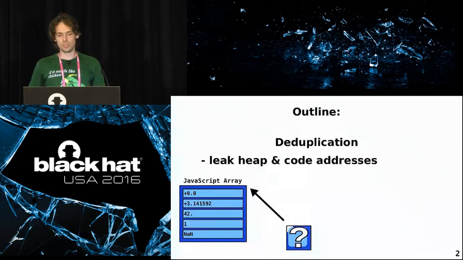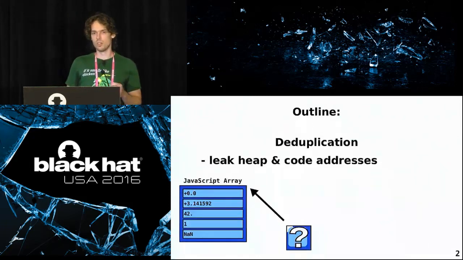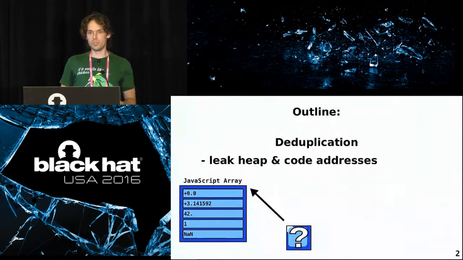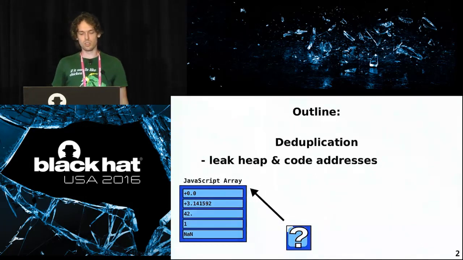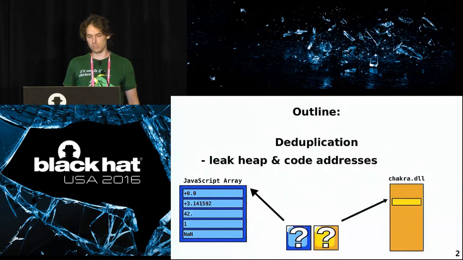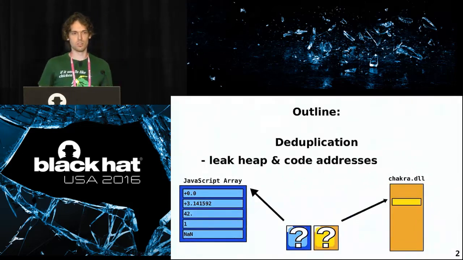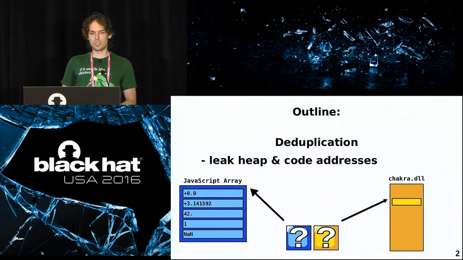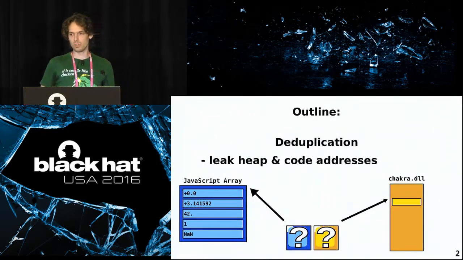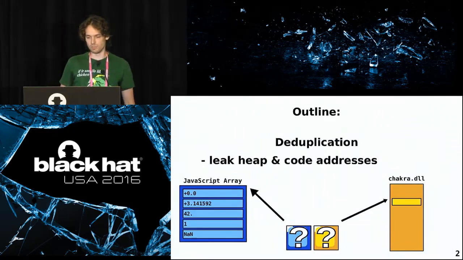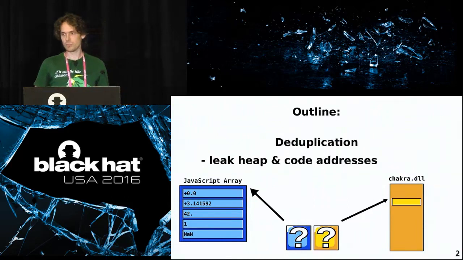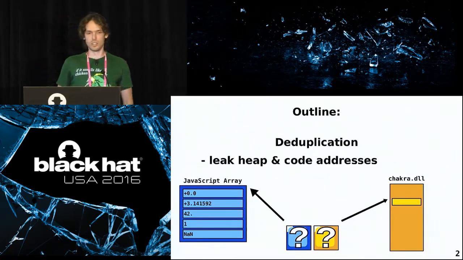So what are we going to do? In short, we will use deduplication as a side channel to leak both heap and code pointers. We will leak a heap address of a JavaScript array with contents we control, and we will leak a code pointer into a Microsoft Edge JavaScript library.